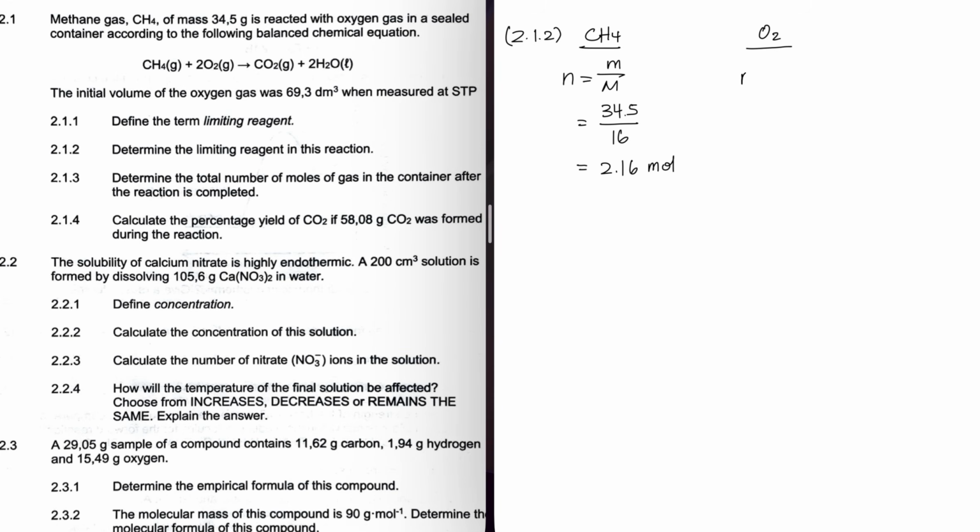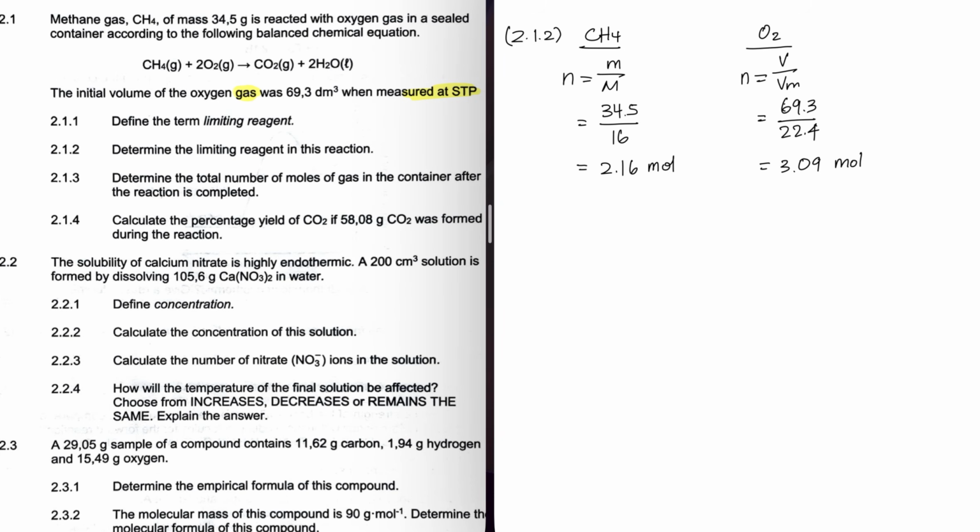Now let's take a look at oxygen, so O2. We can calculate the number of moles. It's V divided by Vm. And the reason why I'm doing that is because they tell me it is a gas and it's at STP. So here I'm going to substitute 69.3 divided by 22.4, and that's equal to 3.09 moles.